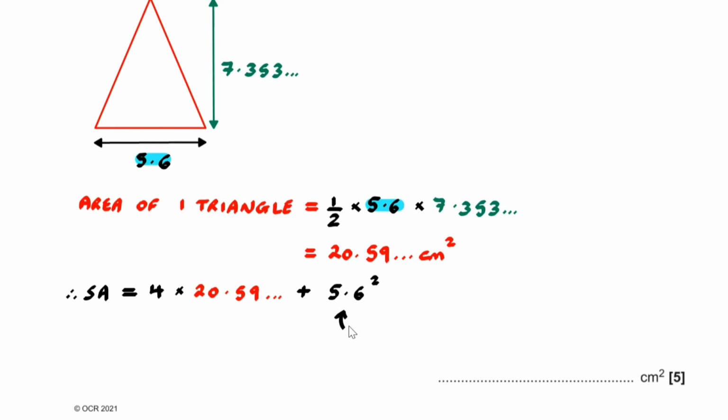So this would correspond to the square, and here we would have the 4 triangles.